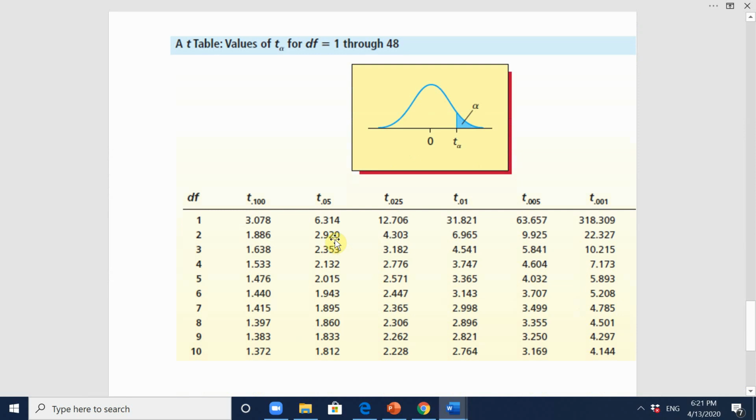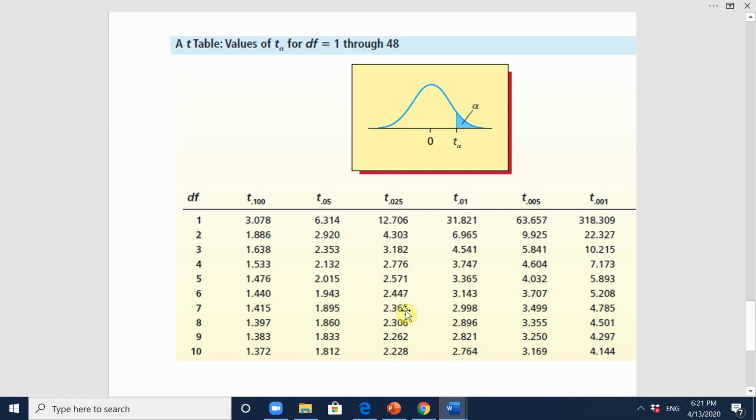So if my level of significance is 0.05, this means that I'm going to look at an alpha over 2 for a two-sided test. Okay, so I'm looking at alpha over 2, which is t of 0.025. My degrees of freedom here will be equal to 7. And so I see that I'm getting this critical point of 2.365.